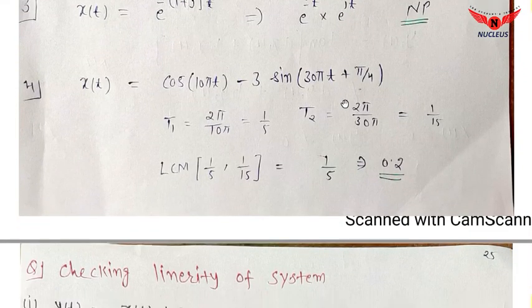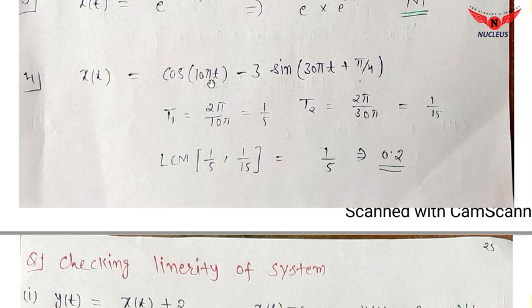Next question is xt equal to cos 10 pi t minus 3 sin of 30 pi t plus pi by 4. The fundamental period of cos 10 pi t is T1 equal to 2 pi by 10 pi, so 1 by 5, and T2 is 2 pi by 30 pi, so it will be 1 by 15.